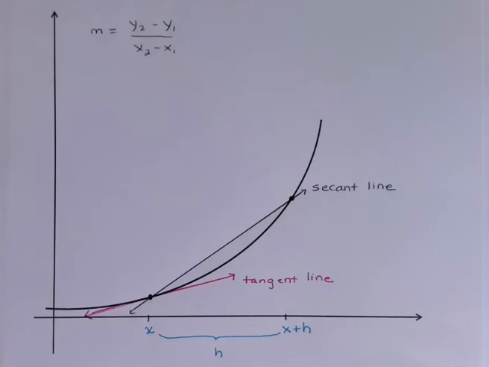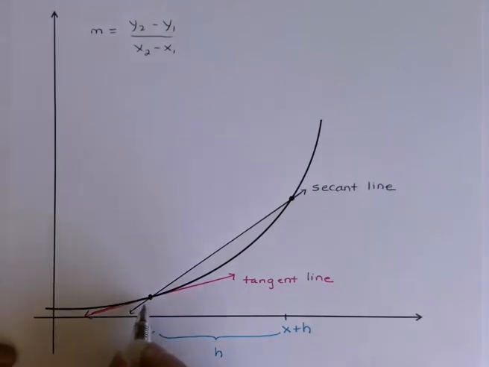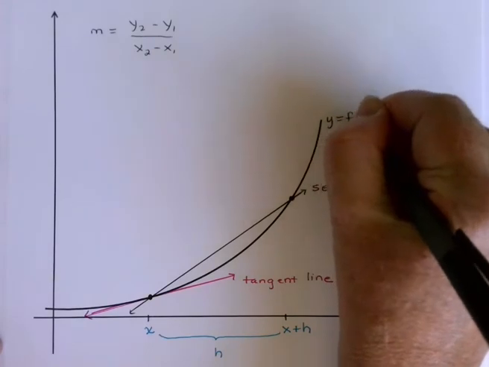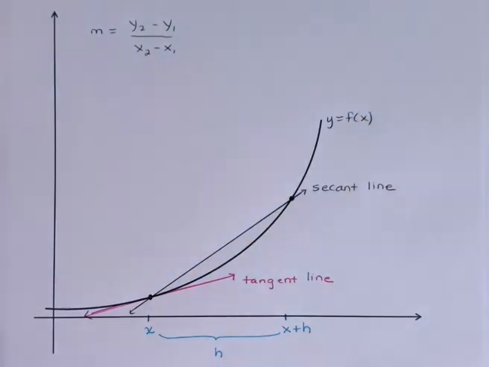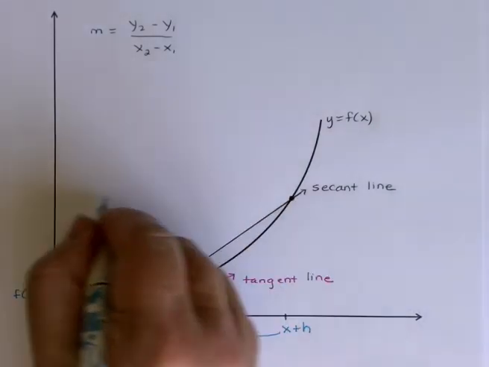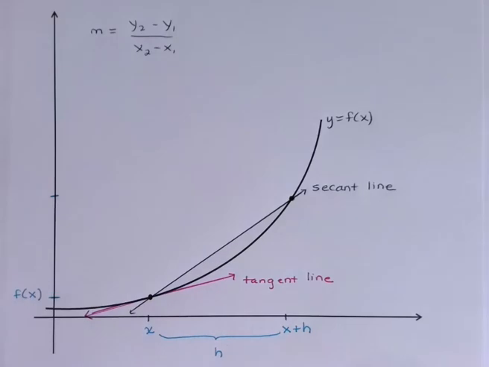As far as the y values are concerned, if this graph is the graph y equals f of x, some generic function, then at this first point, the y value would just be f of x. And at the second point, I would have the y value f of x plus h.